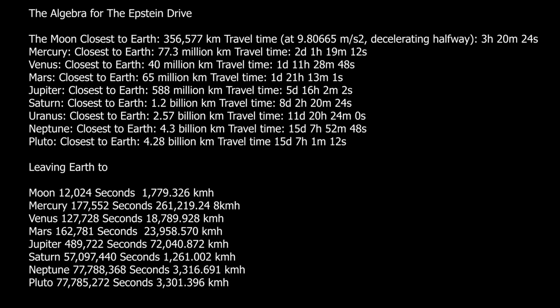Leaving Earth to Neptune, 77,788,368 seconds, 3,316.691 kilometers per hour. Leaving Earth to Pluto, 77,785,272 seconds, 3,301.396 kilometers per hour. Conclusion.